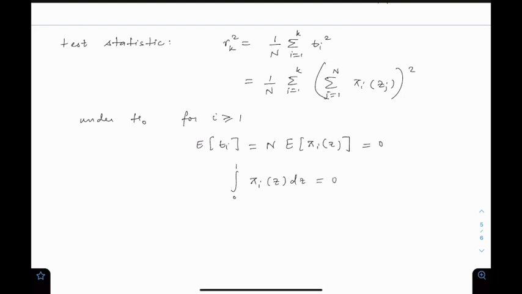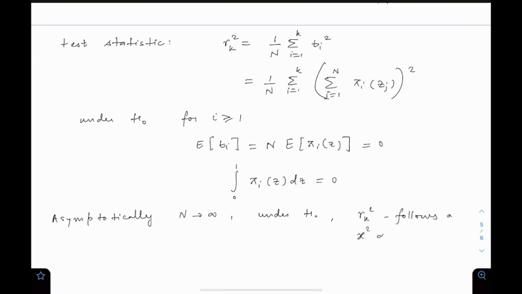Asymptotically, as n goes to infinity, under H0, R_k squared follows a chi-square distribution with k degrees of freedom.